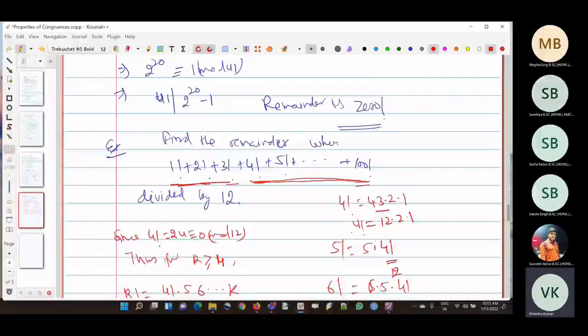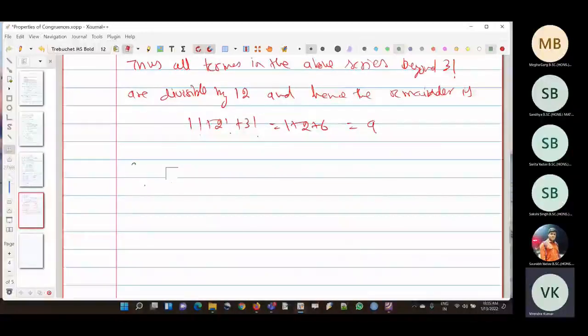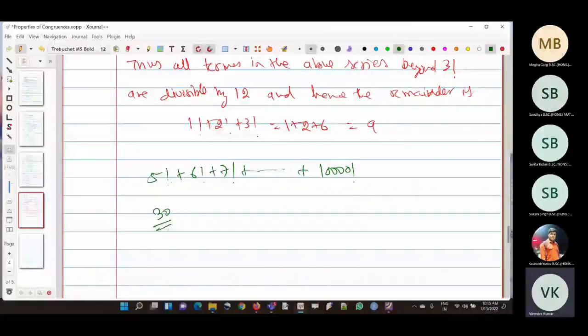Similarly, suppose we are writing 2 factorial plus 3 factorial, or else you can take 5 factorial plus 6 factorial plus 7 factorial, and so on up to 1000 factorial, or 10,000 factorial, and you can find out if it is divisible by, for example, 30, then what would be the remainder when divided by 30?